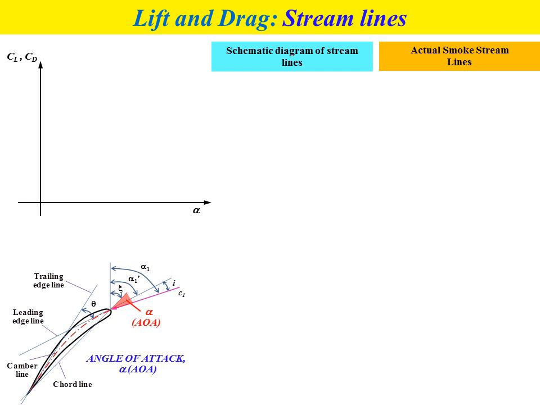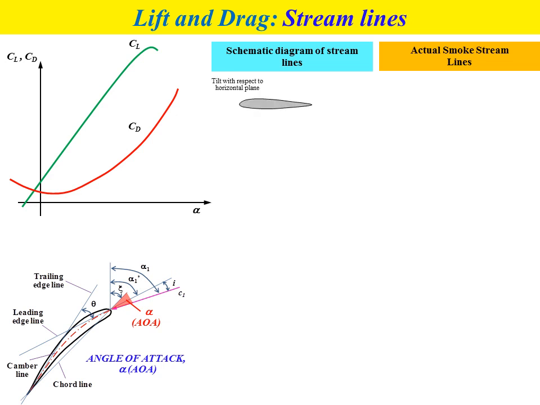So we need to refer to the graph of CL, CD versus angle of attack. This graph shows the CL profile, the lift coefficient, represented by the green line, and also the CD profile, the drag coefficient, represented by the red line.